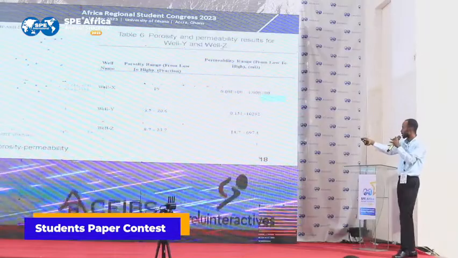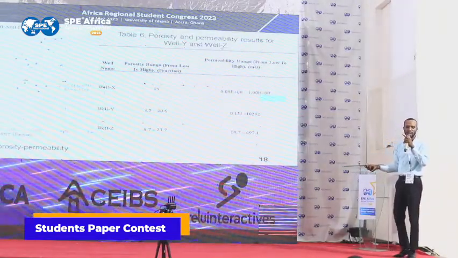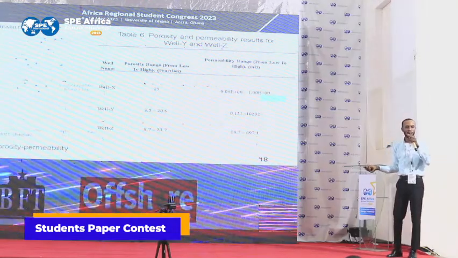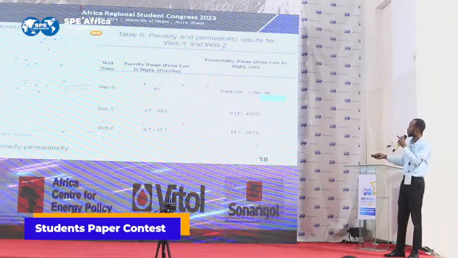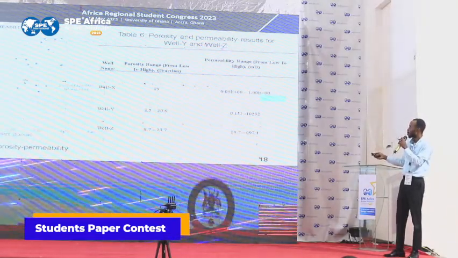For well X I had 19, and for well Y I had 3.5 to 20.6 as a range for the whole data set, and well Z 8.7 to 23.7 as a whole range, where my permeability was indicated from the graph as 0.151 to 10,292 for well Y, and 14.7 to 697.4 for well Z. And this tells me that my reservoir indeed is good for commercial accumulation of hydrocarbon, to be able to go about my reserve evaluation here.